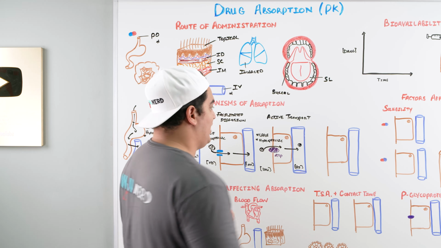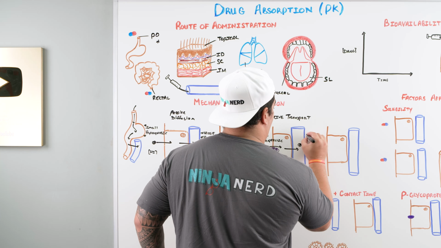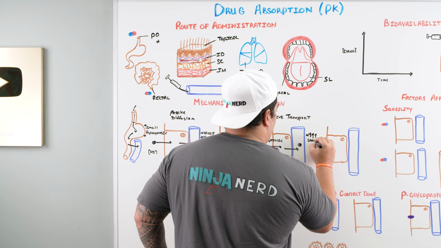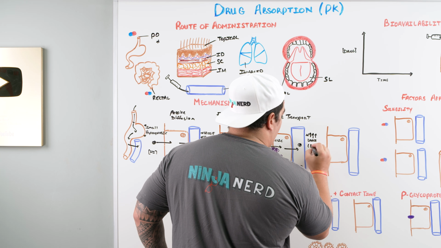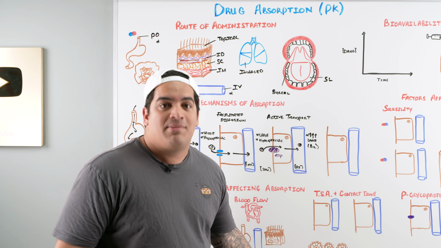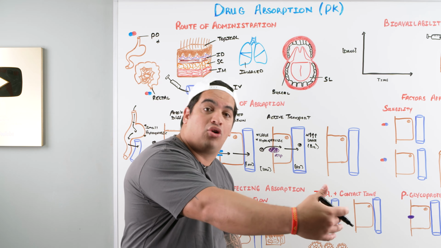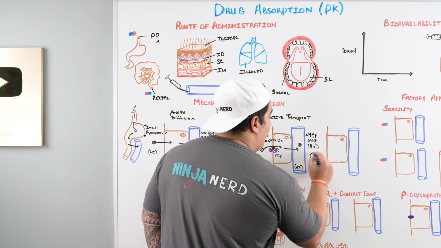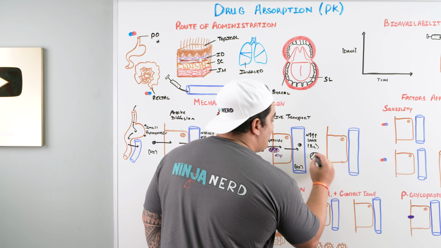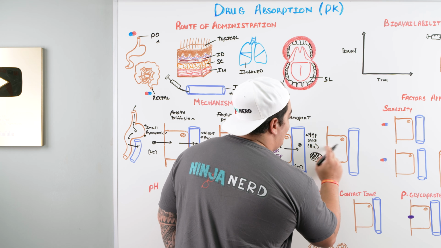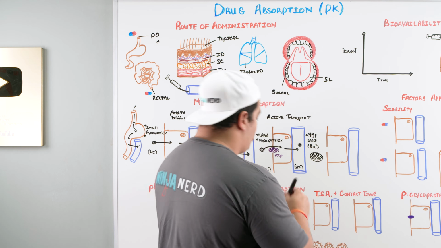The last one is when you have a gargantuan molecule, and I'm talking about a really large molecule. For example, there's a drug we can give orally, B12. It's just too big. There's no transporter that's going to be big enough to transport this drug across the actual cell membrane. So if I have a large drug that no transporter is big enough to get across, what I might need to do is something called bulk transport.